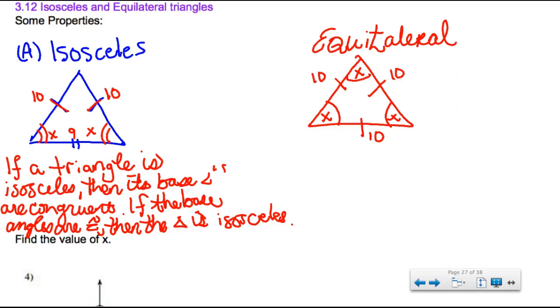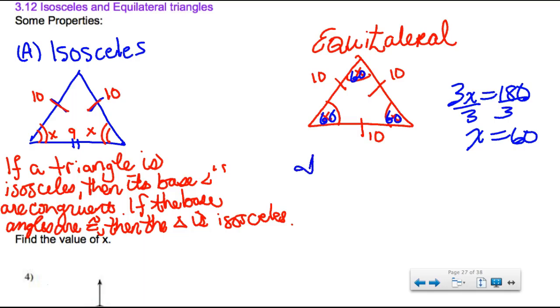Sorry about that, little glitch here. I'd have the three angle measures that have to total 180. So specifically, if the triangle is equilateral, I know that every angle is 60 degrees. So 60, 60, 60. So if a triangle is equilateral, all of its sides and all of its angles are congruent.